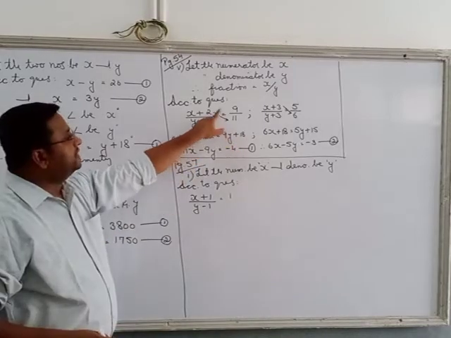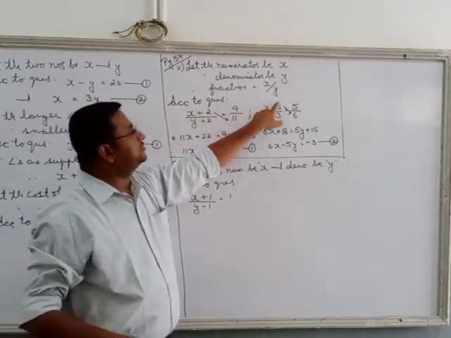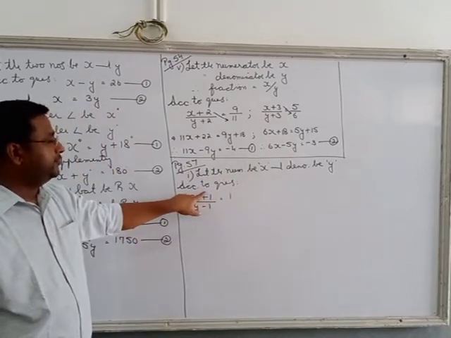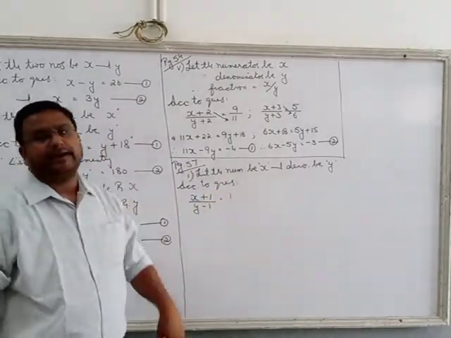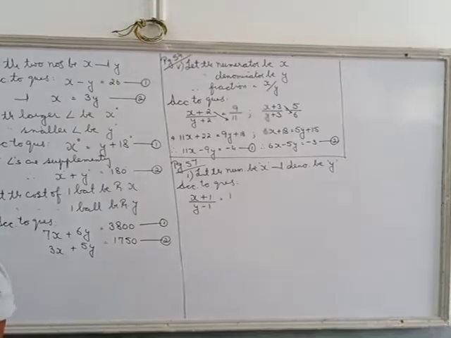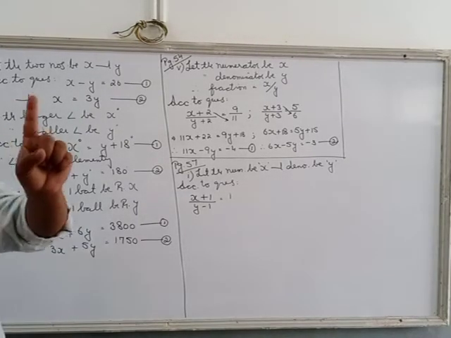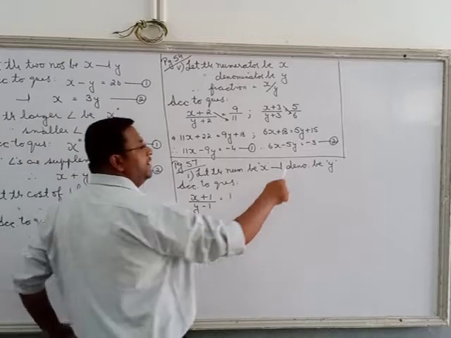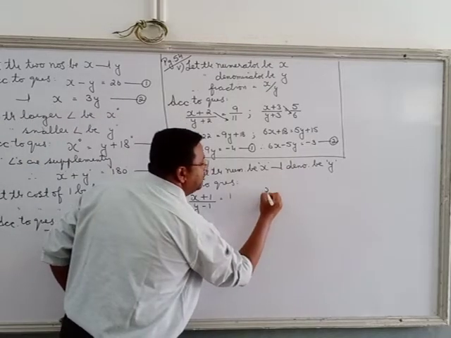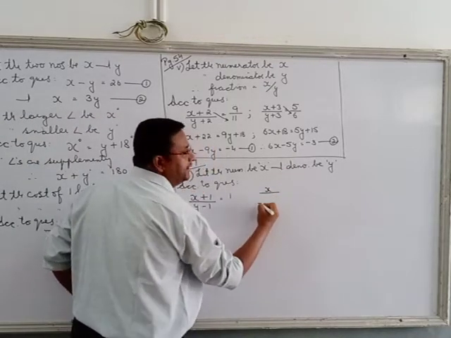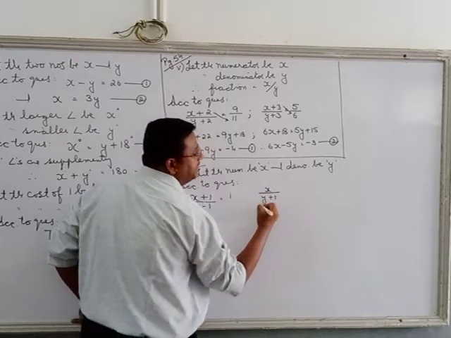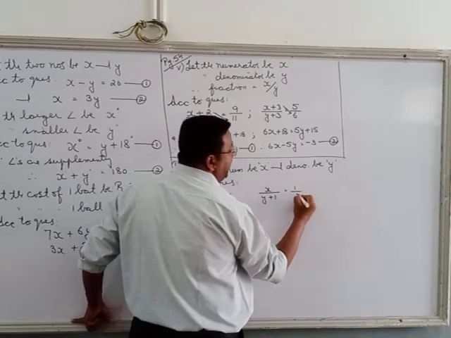In the first question, numerator and denominator were both added; now the numerator is added and the denominator is subtracted by 1. Second statement: if we only add 1 to the denominator, the numerator stays as it is and the denominator is increased by 1, it becomes 1 by 2.